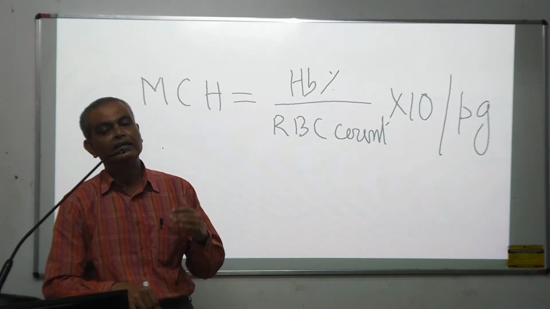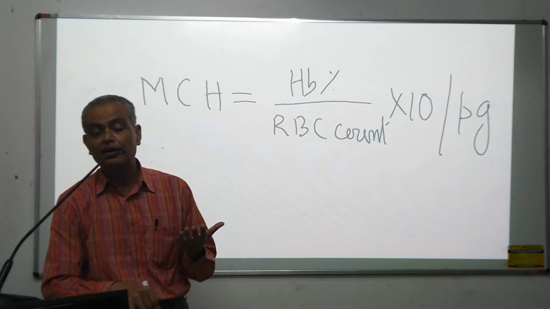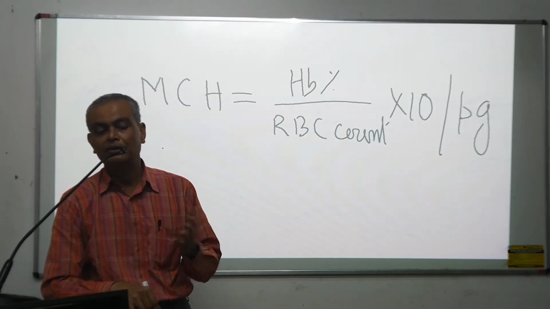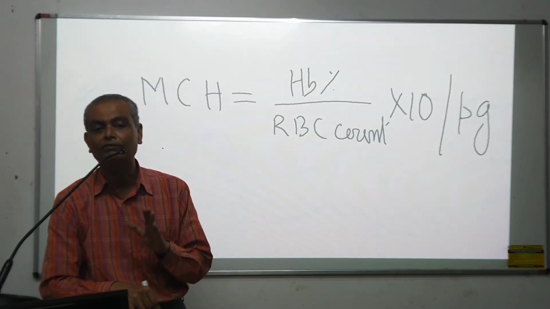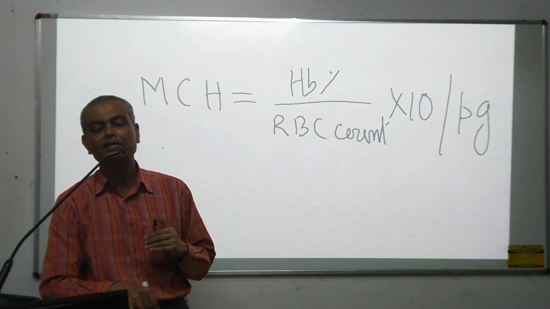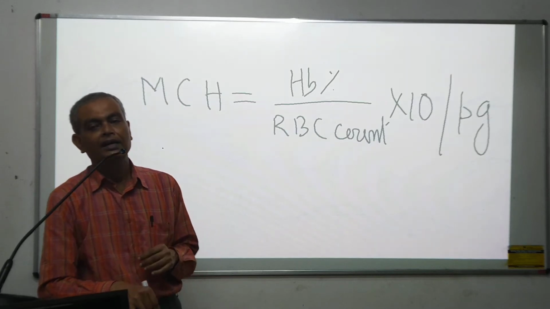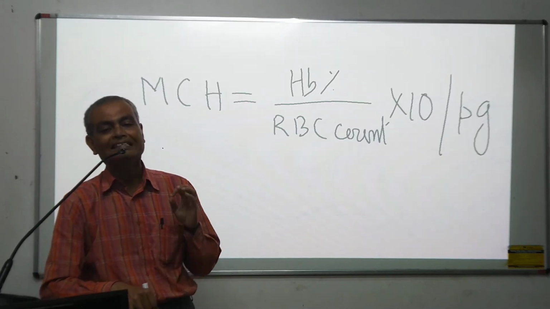Below which there will be hypochromasia, and above which there is no term, because hyperchromasia does not go with the description of RBCs. It is always hypochromasia or normal. And the third parameter is MCHC.